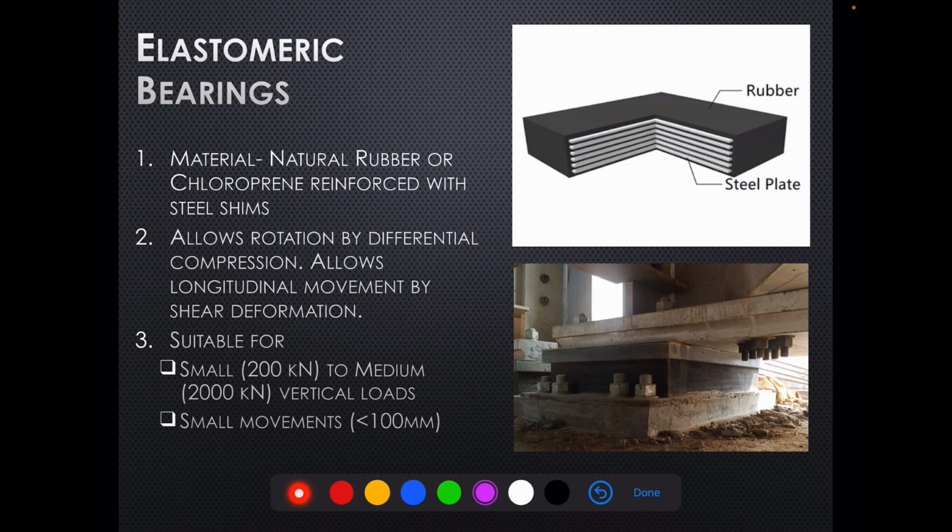And what type of plate girders are most suitable where elastomeric bearings can be provided? Elastomeric bearing pads are suitable for small to medium vertical loads, like from 200 kilonewton to 2000 kilonewton, and for small movements, like less than 100 mm.